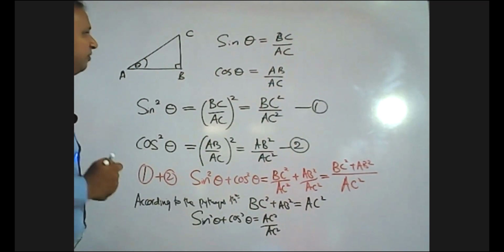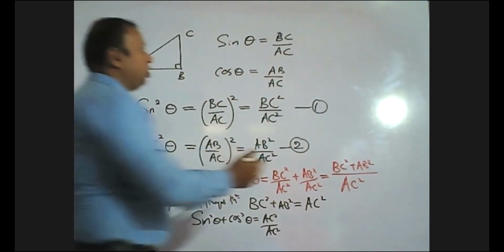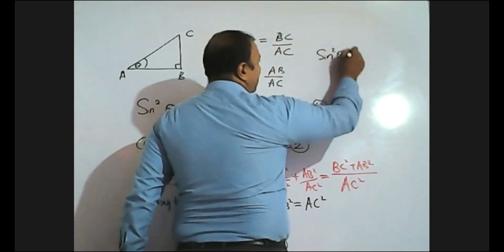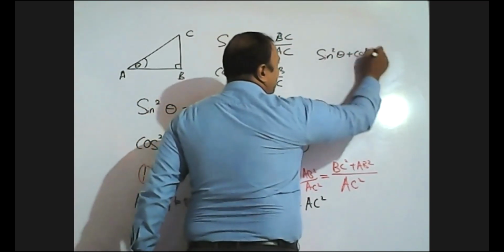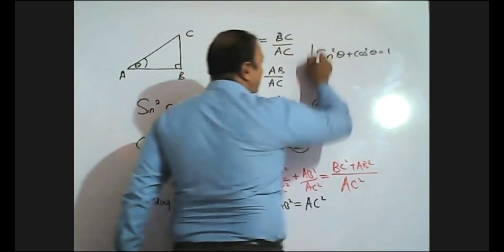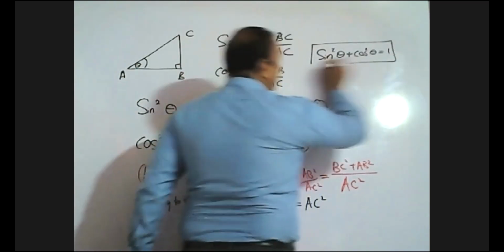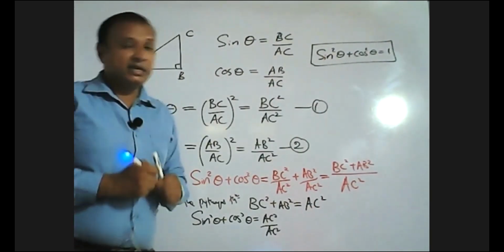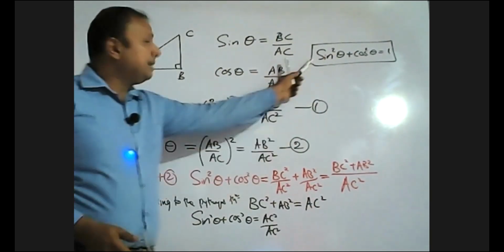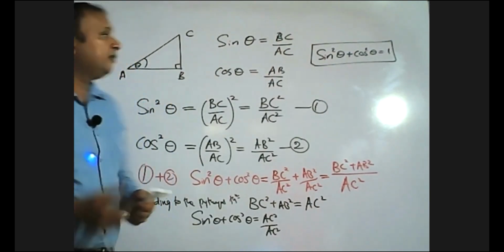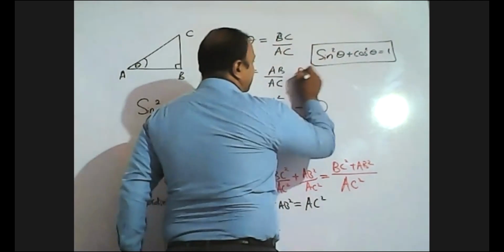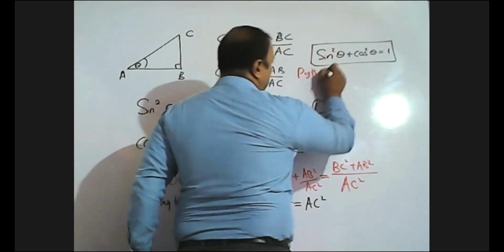This is a very important relationship. Sine squared theta plus cos squared theta is equal to 1. Normally we call it the Pythagoras relationship of trigonometric ratios.